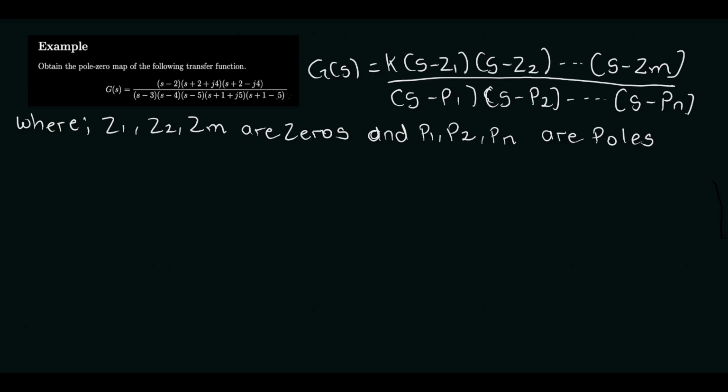So comparing this with the equation you have here, we know that our poles are over zeros. So we have G of s equals to, let me write out the equation.